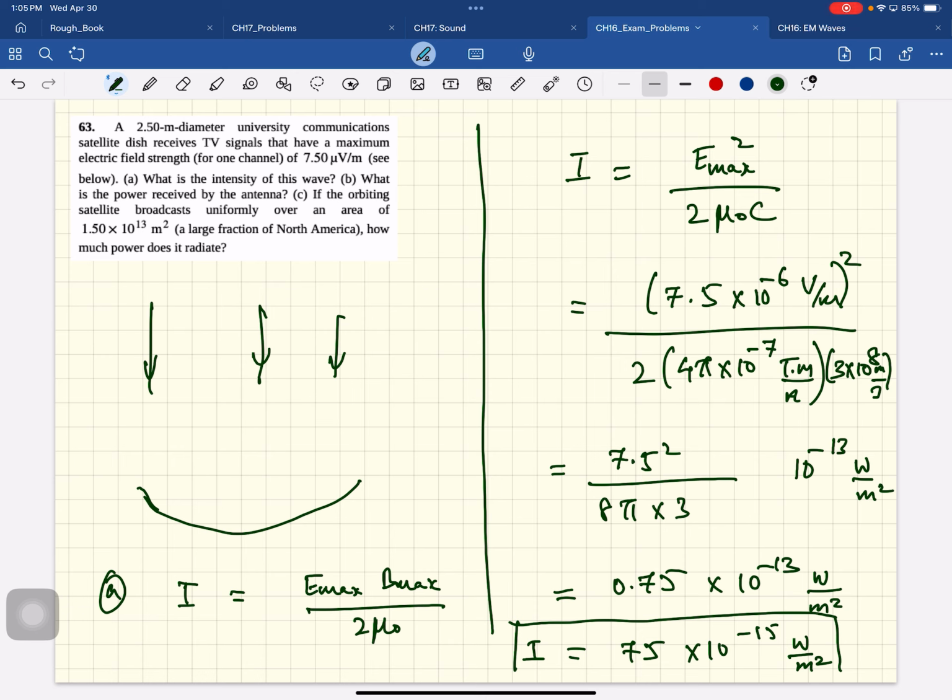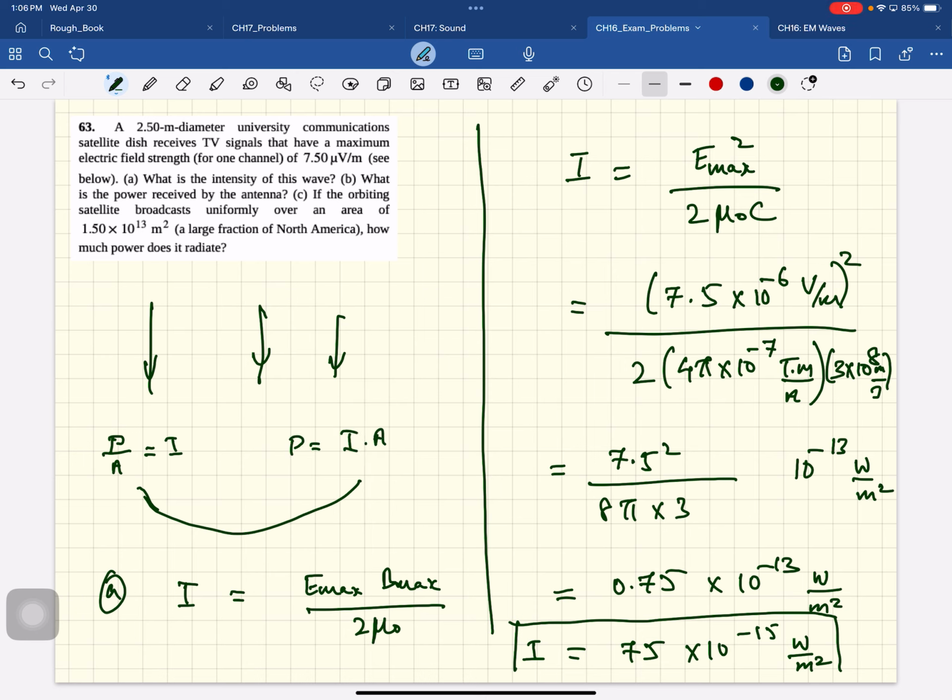So why do we have dishes? That intensity is too low. Intensity is power divided by area, so power is intensity times area.